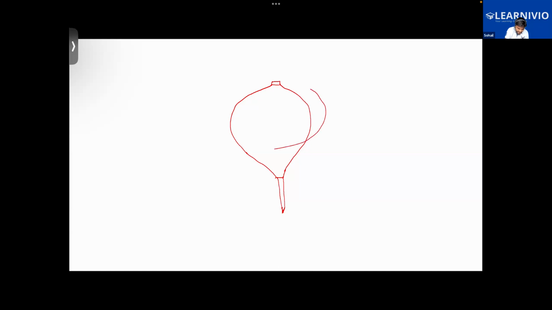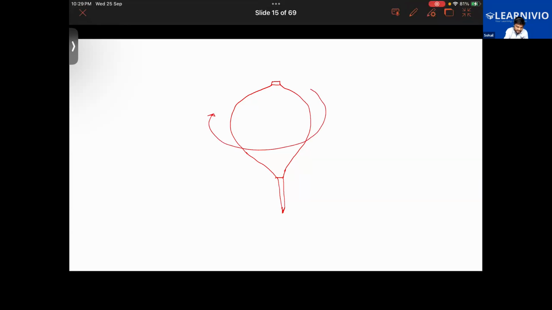When it rotates, all the parts of the spinning top rotate in a circular path. The body is moving in a circular path, but it is moving about this fixed iron nail. There's an iron nail in the middle, and that iron nail acts as the axis about which all the parts of this spinning top move. That is the case of rotational motion. Hope you guys are getting it.